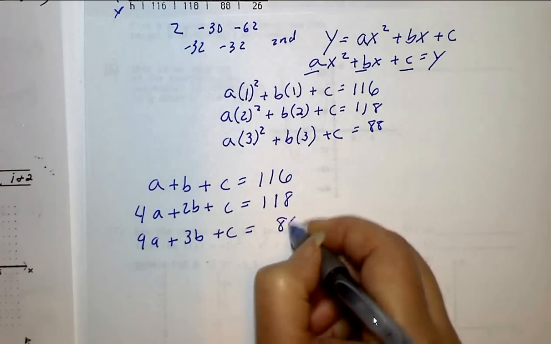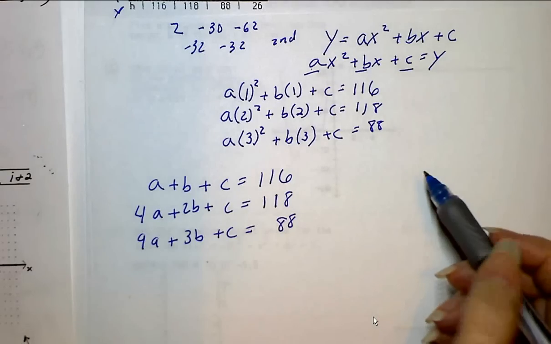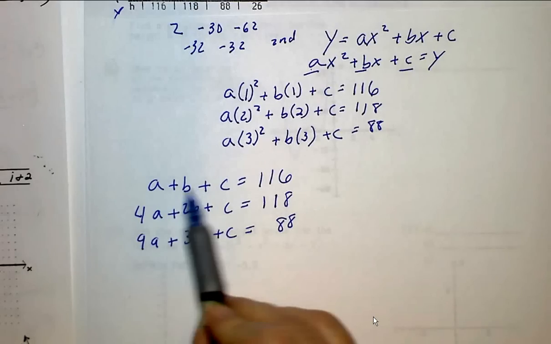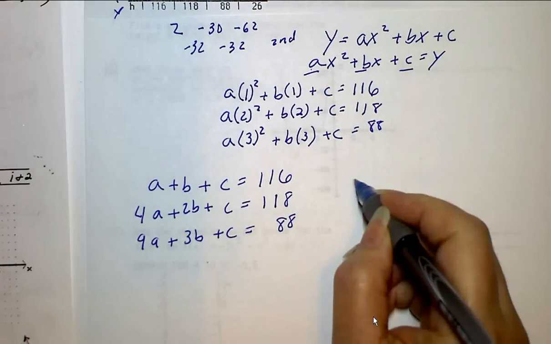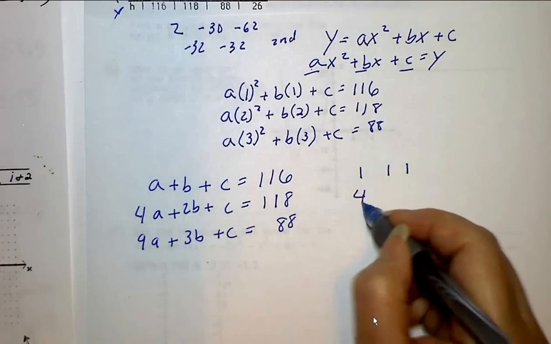So, to do our matrices, remember, we just simply take your first number, so it's 1, 1, 1, 4, 2, 1, 9, 3, 1.